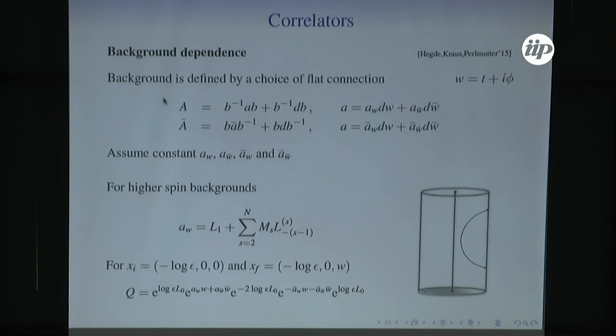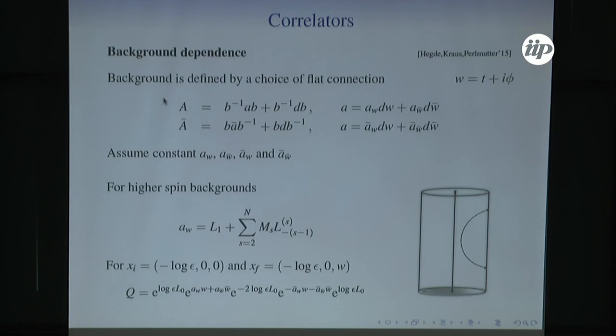For these particular backgrounds that correspond to anti-de Sitter solutions, you start with some constant flat connections. You do special gauge transformations. In general, in the SLN case, the formula for the flat connection A, you just take the L1 SL2 generator, and you add all the highest spin, highest weight generators with arbitrary coefficients, so that will correspond to some charges for the background solution.